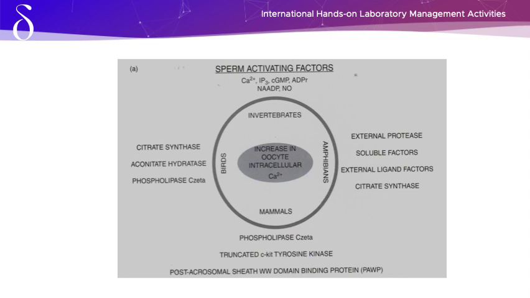And in the amphibians, there are certain sperm factors that have been isolated, such as citrate synthase, but even external ligand factors have been seen to be responsible for oocyte activation, which takes us backwards a little in the whole concept of how we activate oocytes. In the birds, again, citrate synthase was isolated, phospholipase zeta also.